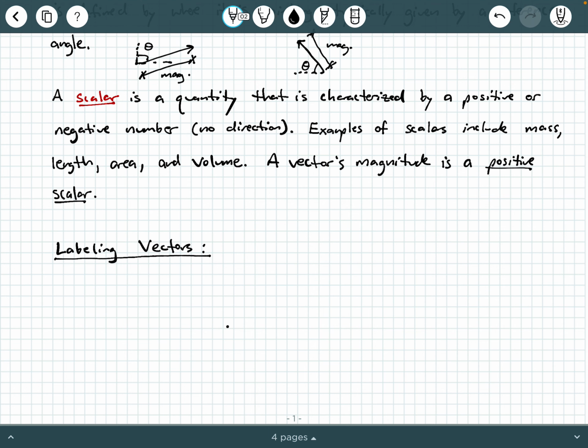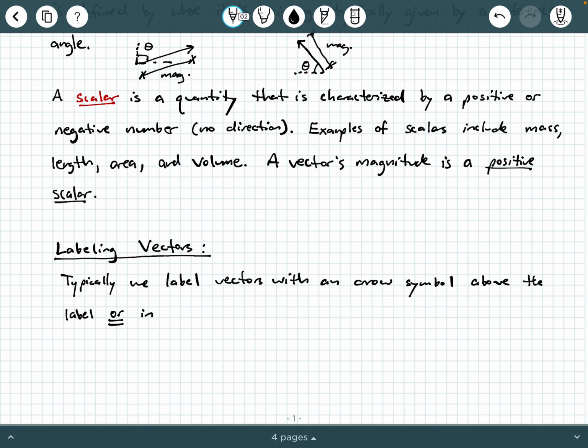So typically we label vectors with an arrow symbol above the label, or in bold lettering.